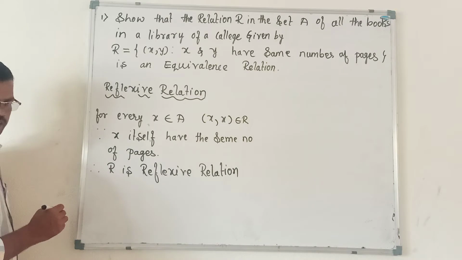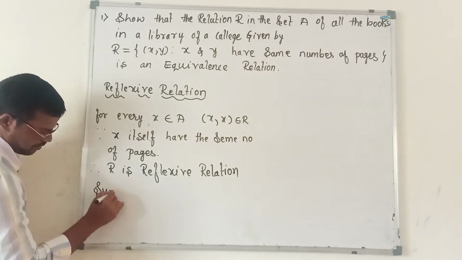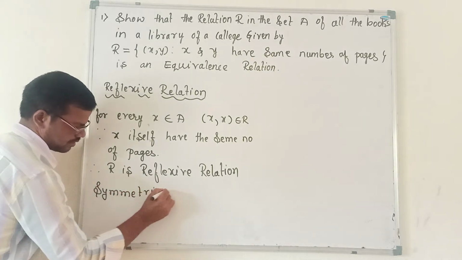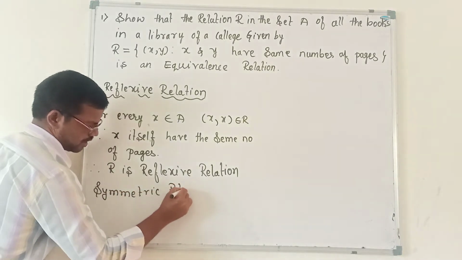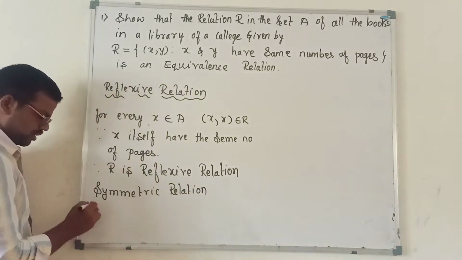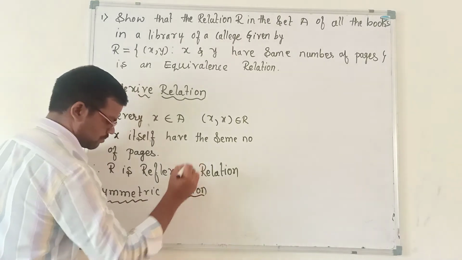Next we come to the second one, the symmetric relation. For showing that a relation is symmetric, first we need one pair.